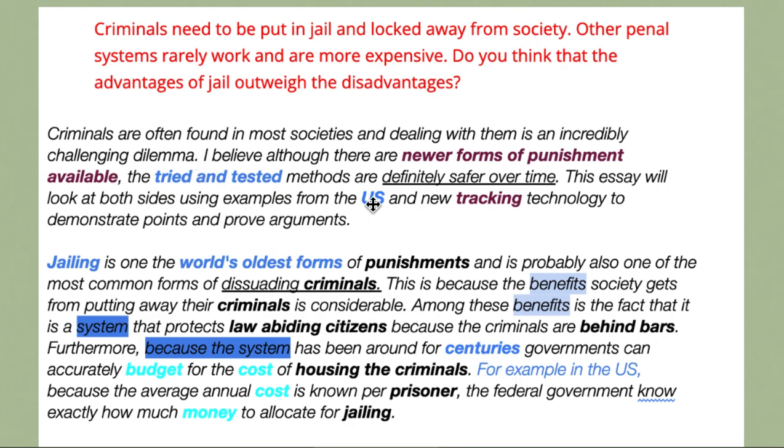Even again here, we've got US, and then we've got, for example, in the US, so we're developing it. And then we've got a slightly newer idea of the cost, the finance. And we're talking about the budget, the cost, the money, and it's all tied together. And then again, we're finishing with jailing. So here we can clearly see a high-scoring paragraph and how it all ties together.